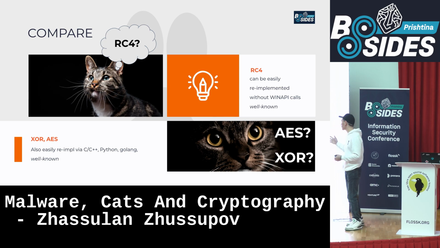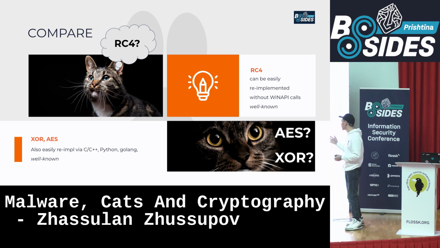But the problem is this algorithm, of course, is easy and well known, so nowadays it's easily detected by security solutions. Of course, any antivirus or EDR easily detects this algorithm. But what about XOR or Advanced Encryption Standard?